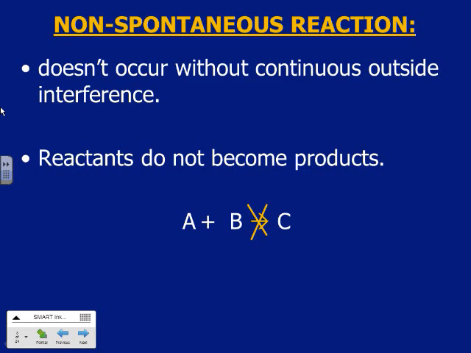A non-spontaneous reaction example is just the opposite of what I used as my example for spontaneous. Right now in the air in this room, there's water vapor, right? There's some humidity. That's water vapor. That means that in the air right now, there is H2O gas.